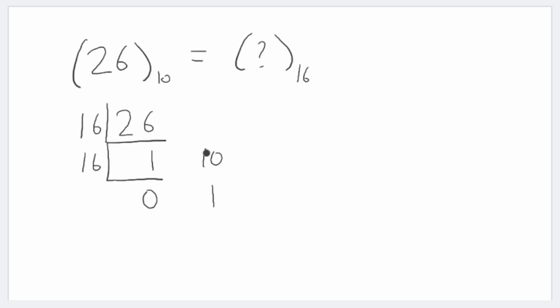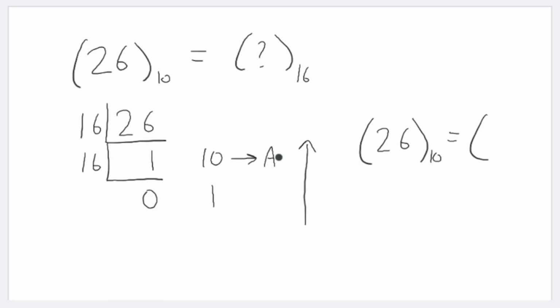But here, notice that the remainder 10 is of 2 digits and that is not allowed. So what we'll do is, we'll replace this 10 by the alphabet A. And then we'll take it in reverse order. So 26 to the base 10 is equal to 1A in base 16 or hexadecimal.